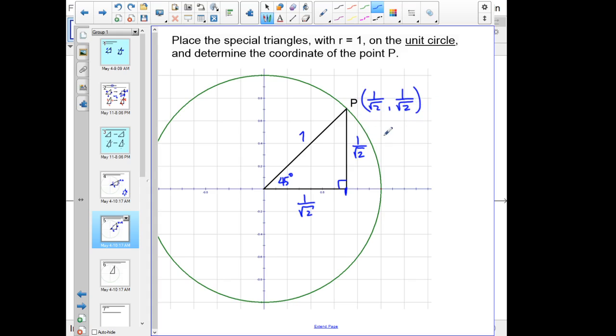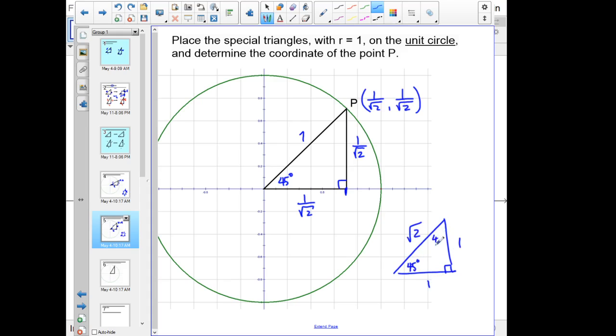Now, I want to start tying in something else here, because when we originally started working with the special triangles, regardless of what the proportion was, let's go back to the original form, 1, 1, and √2.